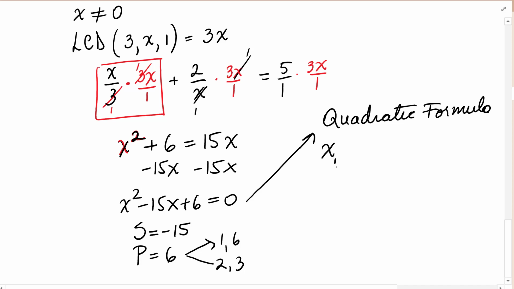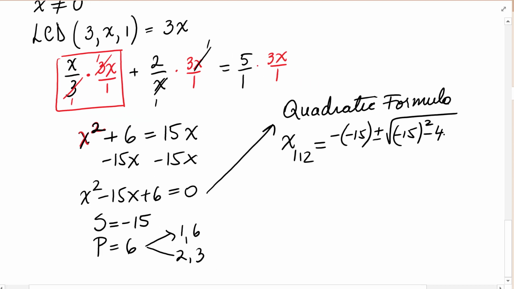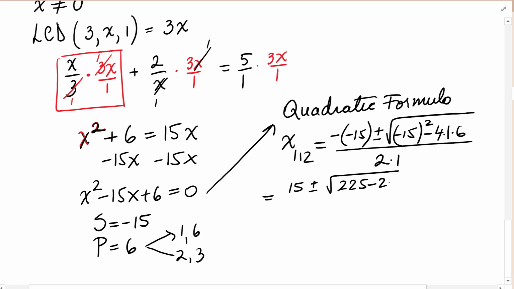So x1,2 is negative b, that is negative 15, plus minus the square root of b squared, that's negative 15 squared, minus 4 times a times c, everything over 2 times a. So then we get negative negative 15, it's 15, plus minus the square root of negative 15 squared is 225, minus 24, over 2.